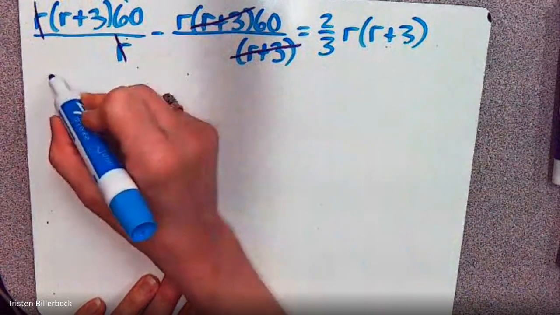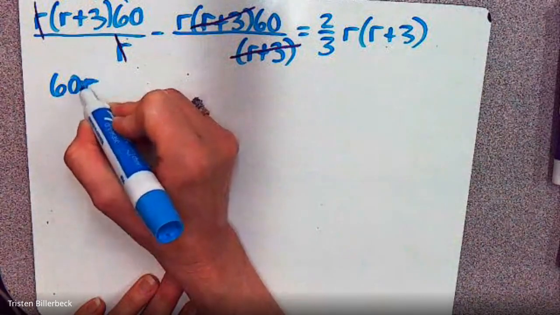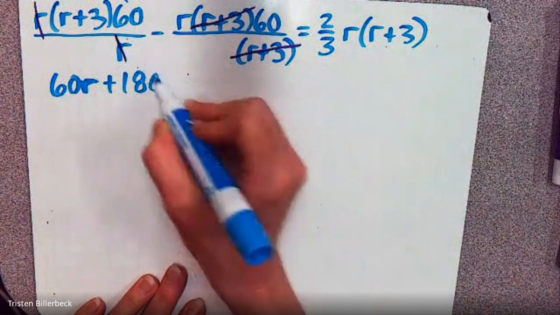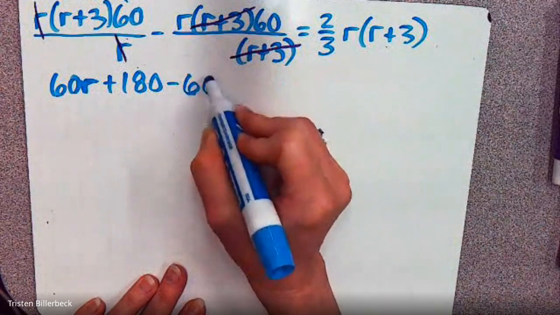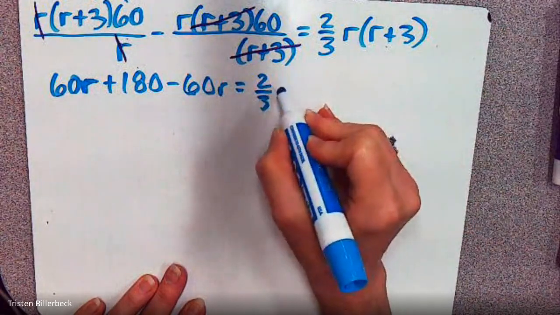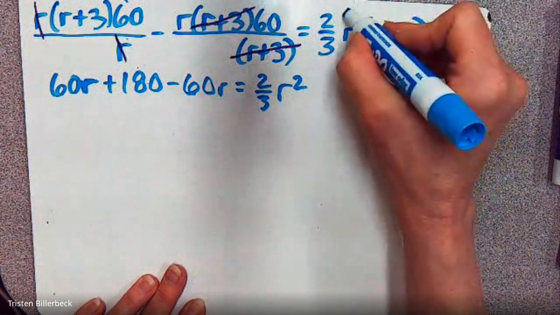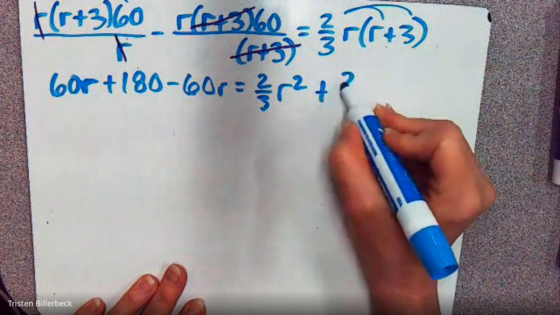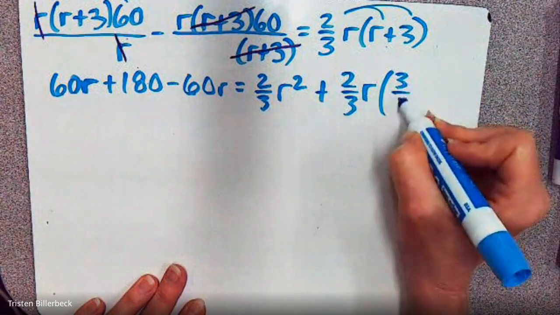So we have 60r and 3 times 60 is 180. Then we have 60r here, but it's minus 60r. And we have 2/3 r squared when we distribute this whole thing to both, plus 2/3 r times, and I'll just write that 3/1.